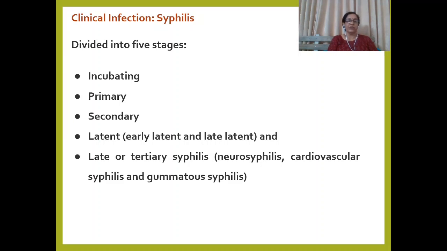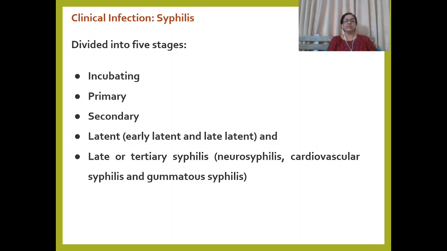So this disease is divided into stages. First one is the incubating stage, where the number of microorganisms increases upon their multiplication by binary fission in the body. After that, formation of the initial lesion, the primary lesion. So that stage is also called primary syphilis. After that, in the further progress of the disease, development of secondary lesions, and it is called secondary syphilis.